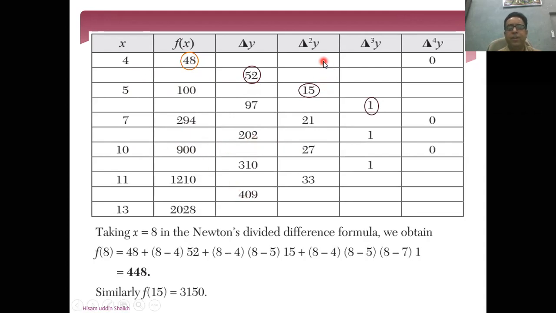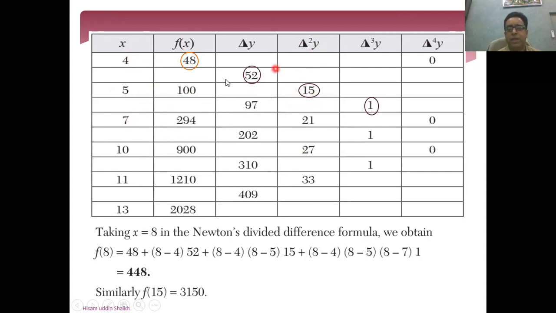And the second difference: 97 minus 52. For the second difference, 3 x values are required. 97 minus 52 is 45. Divide by 7 minus 4, that's 3. 45 divided by 3 is 15.